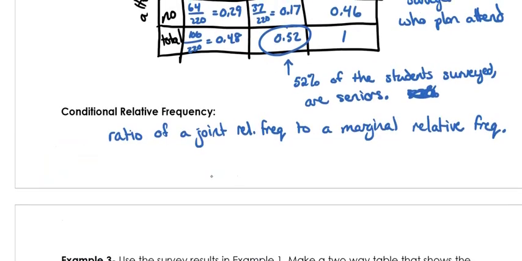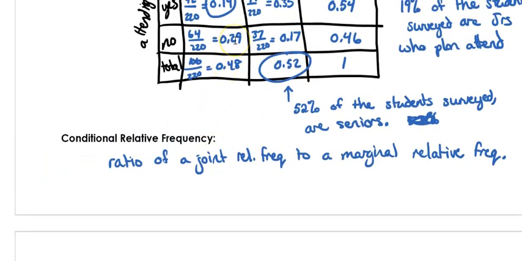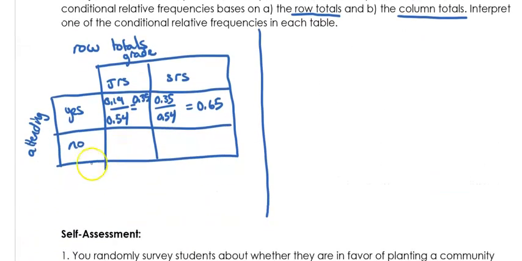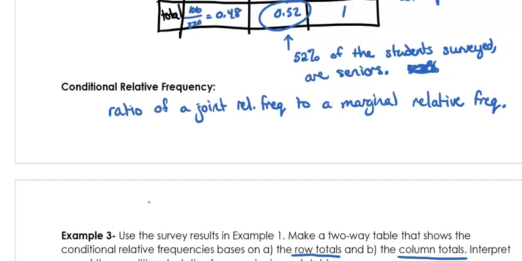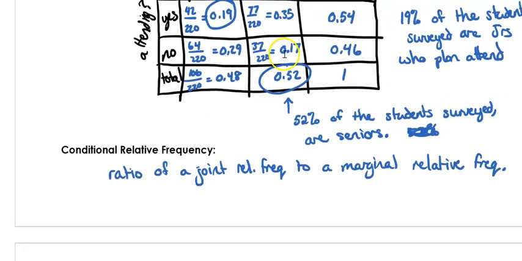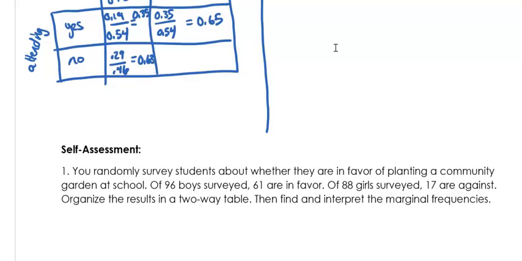To find the no's, you take the number in the no juniors, which is 0.29, divided by the total of that row, which is 0.46. So 0.29 divided by 0.46 is 0.63. Then you do 0.17 divided by the row total, 0.46, and I got 0.37.